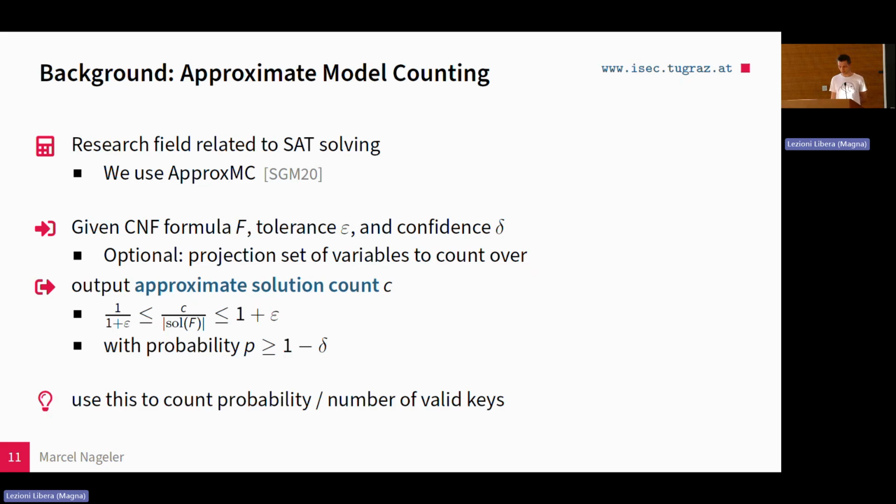And the idea is then to use this to count the probability or the number of valid keys. And that way we can formulate again the block cipher, include the key schedule, and then we can count the number of valid pairs with associated keys for the characteristic to work, and then divide to get the probability.